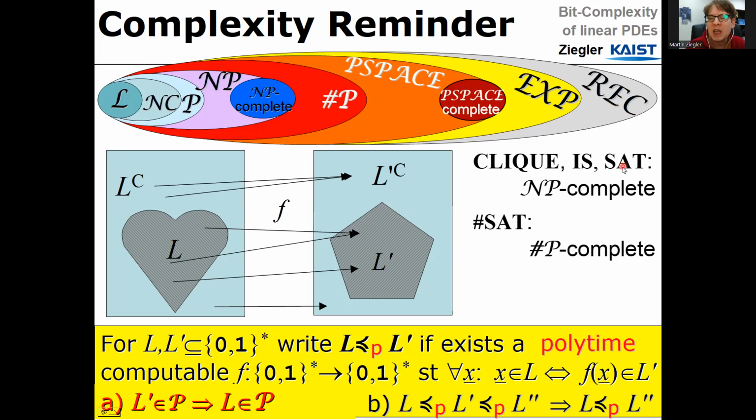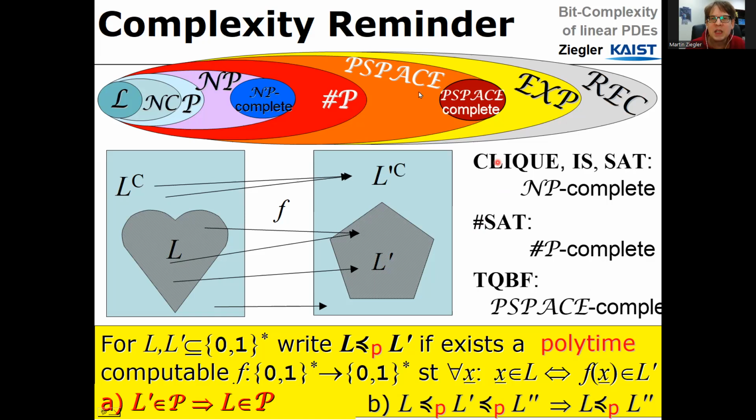This asks whether it has a satisfying assignment at all. This asks how many there are, and intuitively knowing how many there are also entails whether there exists one. If the number of them is strictly positive, that means if and only if there exists one.